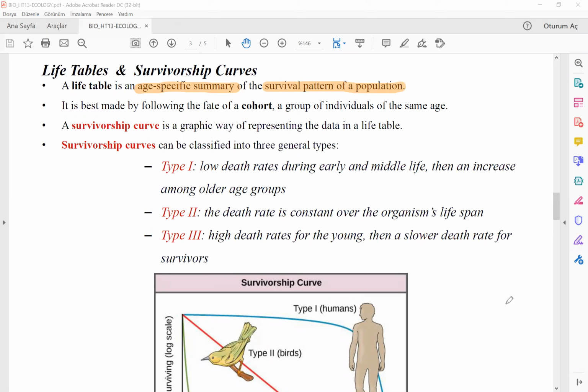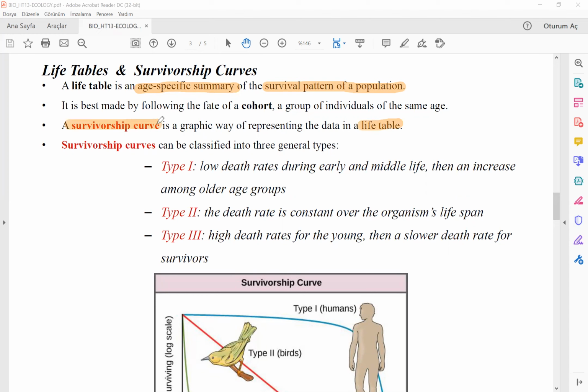For example, in this population, you can estimate the potential lifespan remaining for any age, male or female. A survivorship curve is a graphical way of representing the data in a life table.